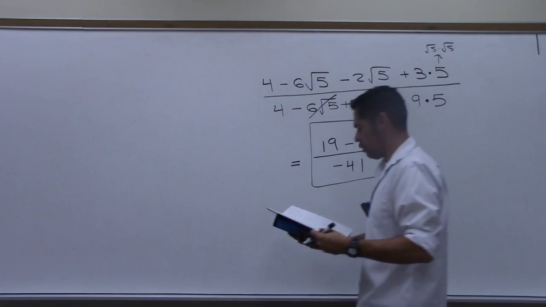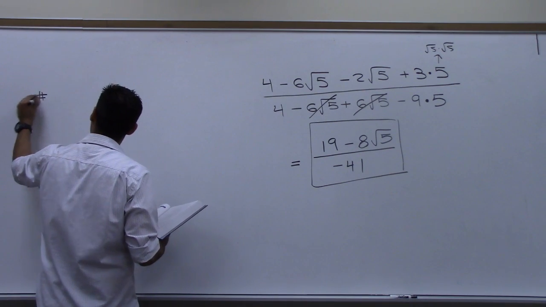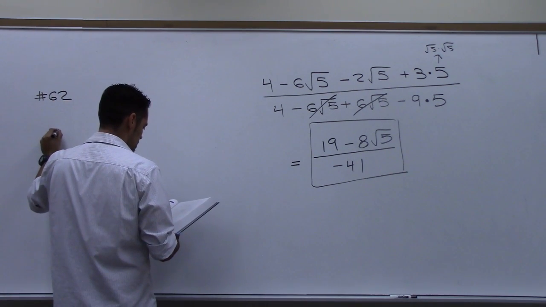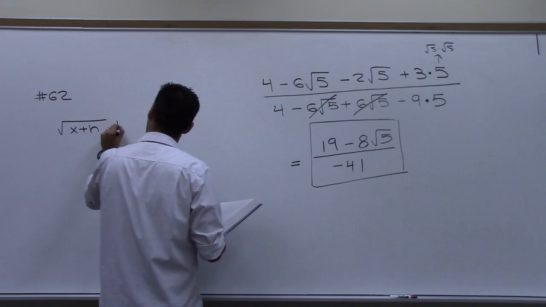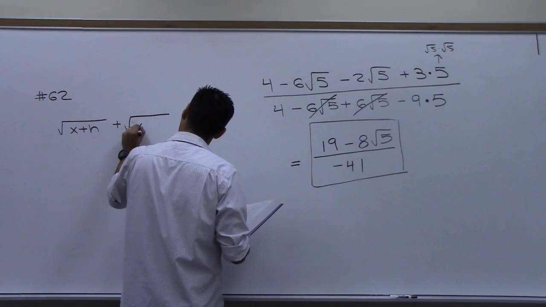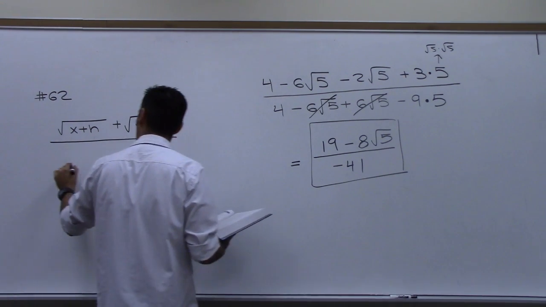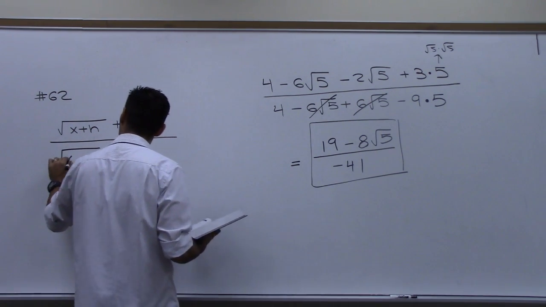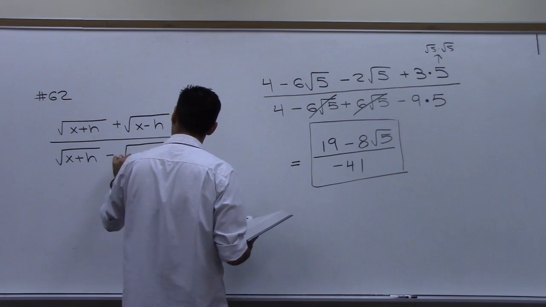This is one of your homework problems, number 62. It wants you to rationalize the denominator. This is looking a lot like something you would see in calculus.